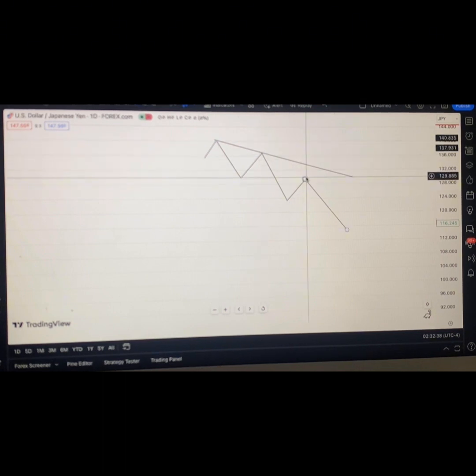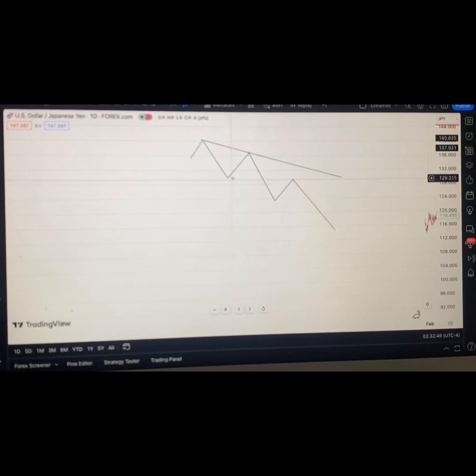Price pushed up but couldn't get to this place, it pushed back down. Why? Because there's a support zone down here. So when price gets to a support zone, it either creates a resistance zone, support zone will turn resistance zone and push price downward.